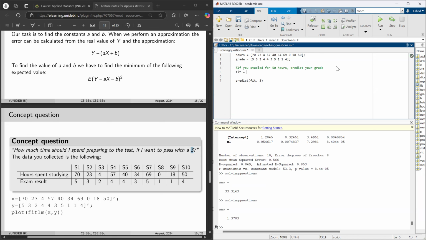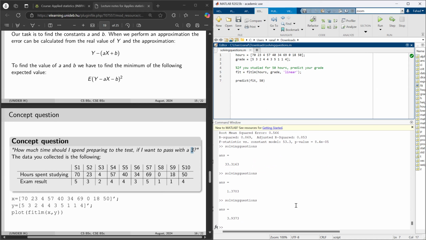So we create the fit, we do fit lm. Since the hours are given, we do hours first, then grade second, and of course make it linear. And then predict, we pass the fit into the predict, and what is given is hours. So 50 hours, let's predict our grade. We will get 3.93.